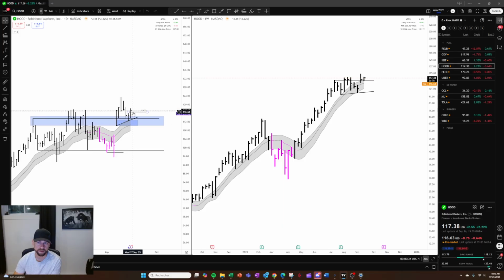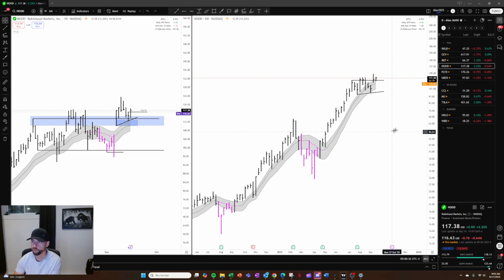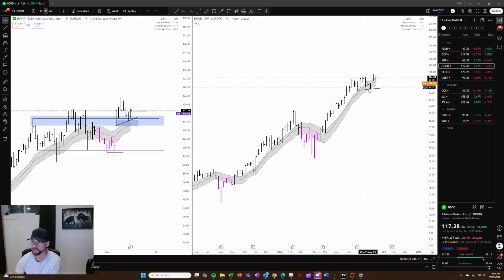And yeah, that's the trade right here. Weekly, we have potentially a breakout attempt and base structure retest, same thing as we see in the daily. But yeah, we're still trending nicely above the weekly structure. And that's the setup right here.